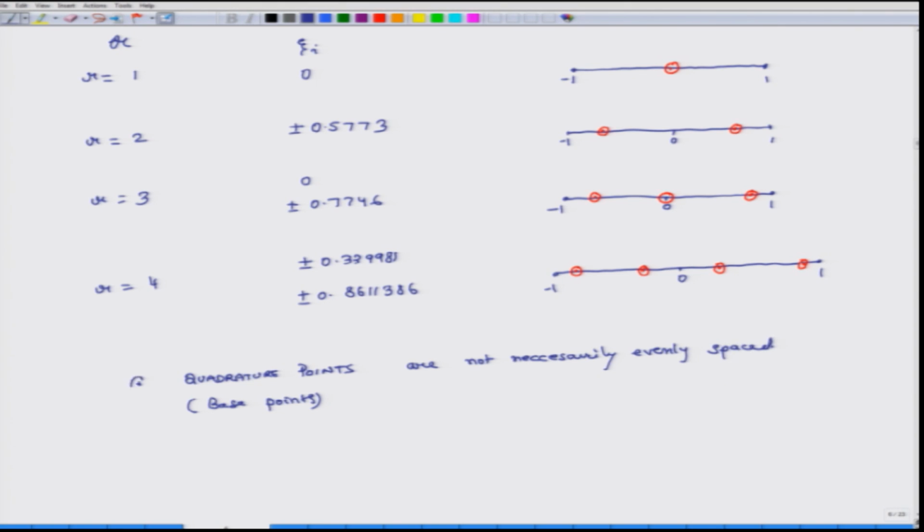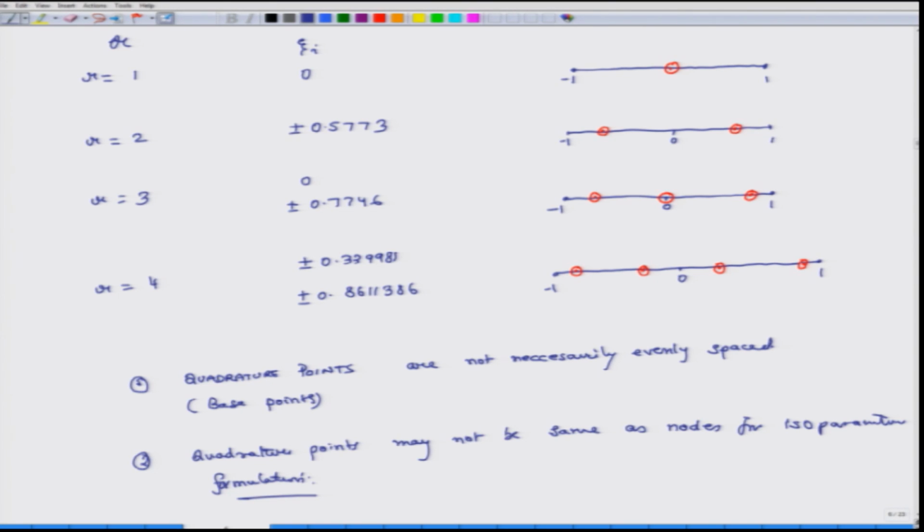This is one, and the second one is quadrature points may not be same as nodes for isoparametric formulation. The second point is valid only for isoparametric formulation.